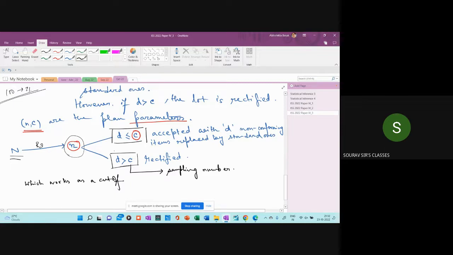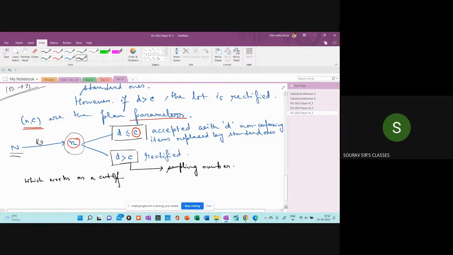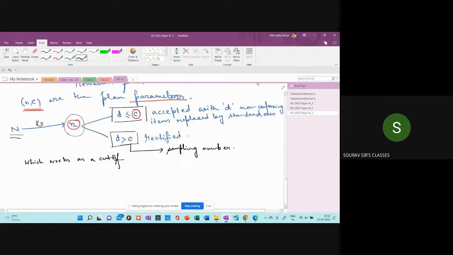So this is how my single sampling inspection plan works. And for a single sampling inspection plan, it doesn't have a second chance of being inspected.